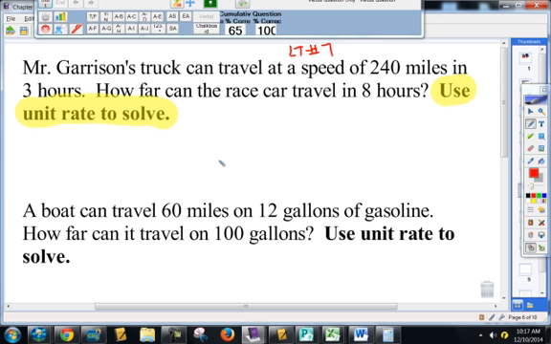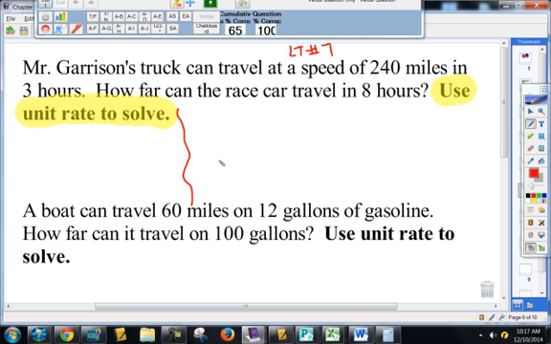Everybody got me? So, if those directions that's highlighted in yellow weren't there, let's think about how we would do this. We would start with a proportion, right? What would be the labels on that proportion? Miles and hours. Now what would go on top? We always put miles on top.